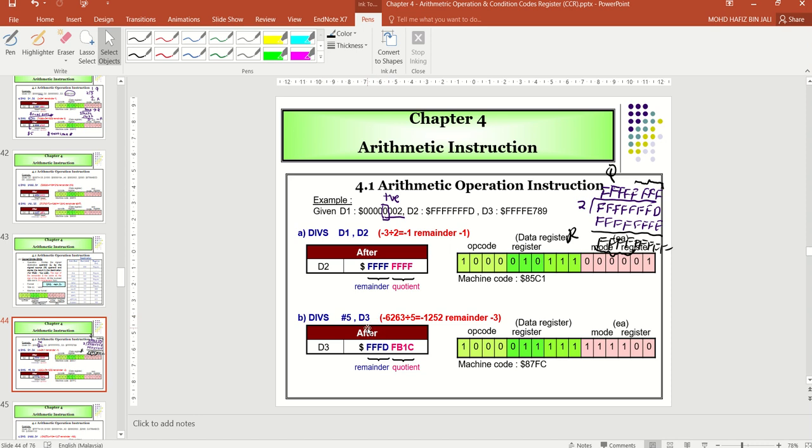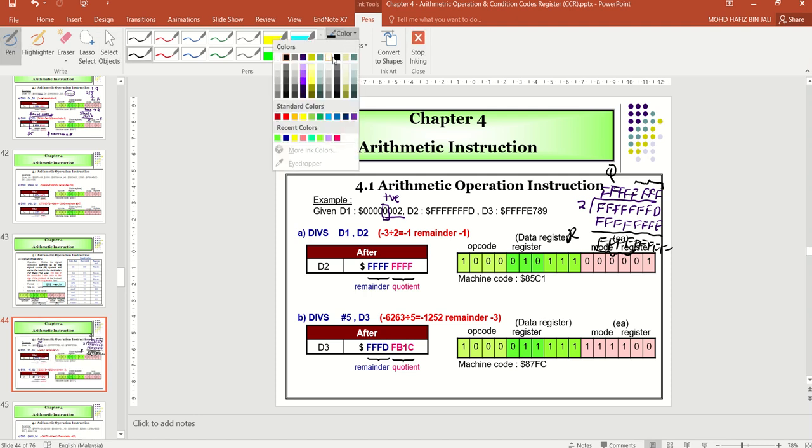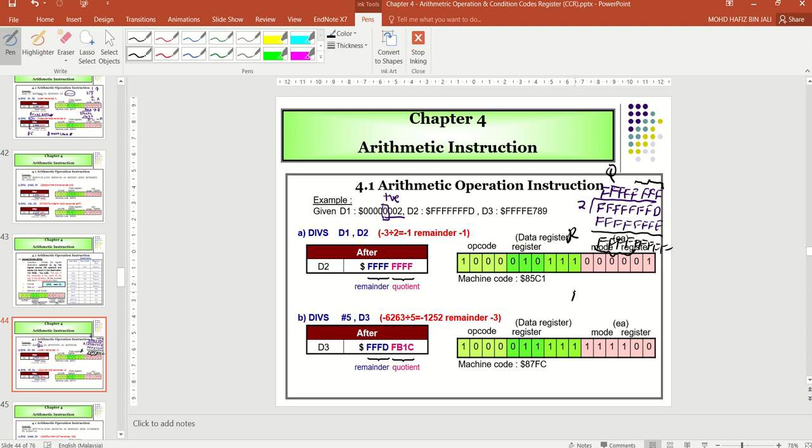Okay, so for this one, D3. D3 is FFFFE789 divided by 5. 5 in hexa is also 5, but in binary it is 0101.